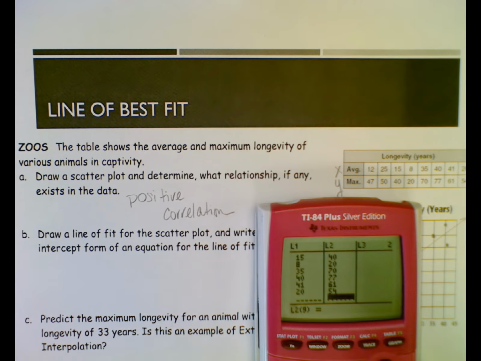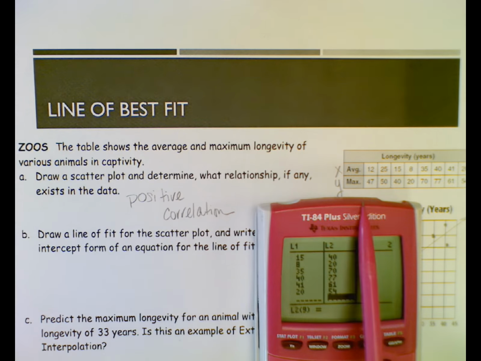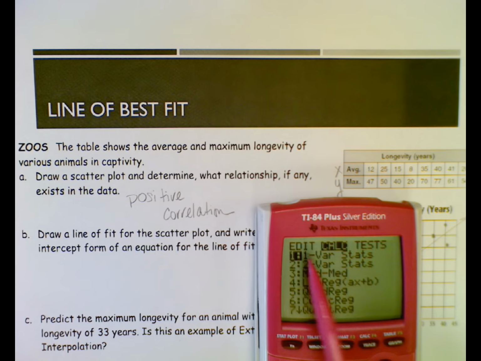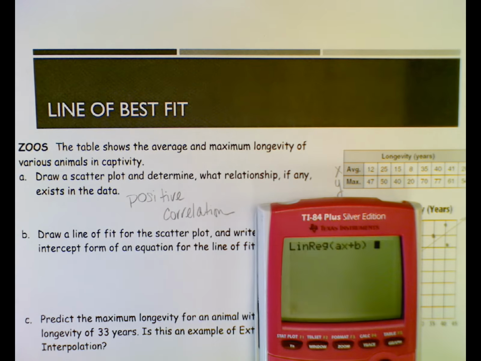Always double check your values, make sure they match your table before you move on. Go back to Stat, go to your Calc menu, down to number 4, which is your line, ax plus b, push enter, and again we get our a value and our b value.